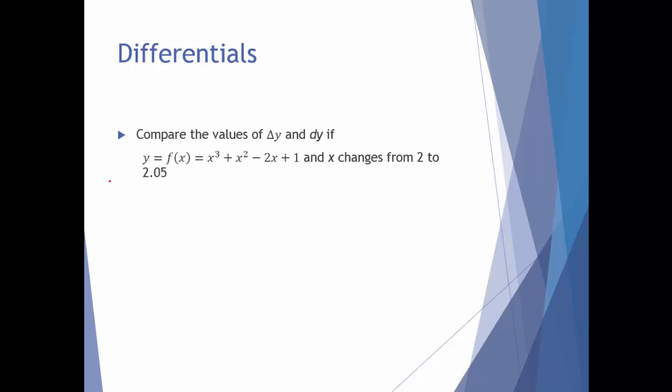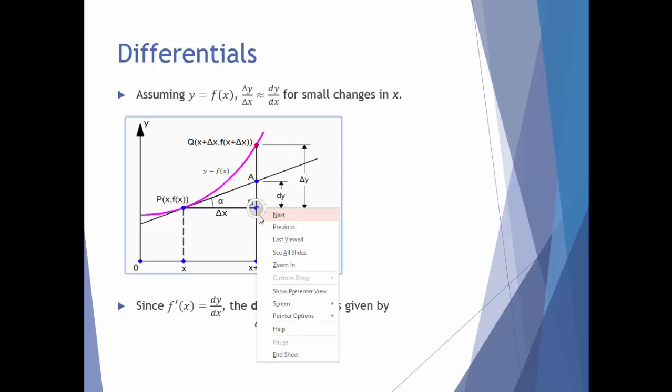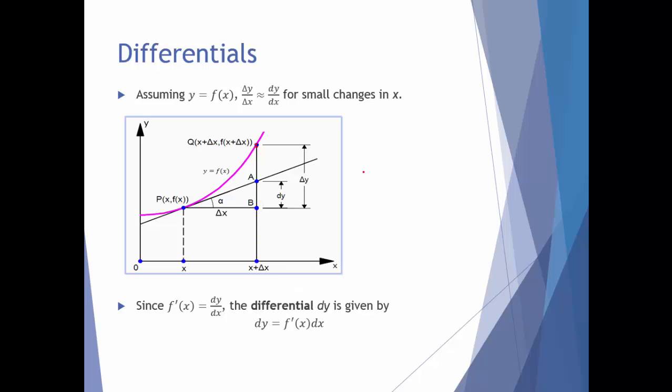If you want to calculate delta y first, go back to the picture. Delta y is this vertical change here. It's the vertical change of the curve, between the y value of Q and the y value that originated at P. So delta y is given by the y value on top, f of x plus delta x, minus the y value underneath it, f of x.